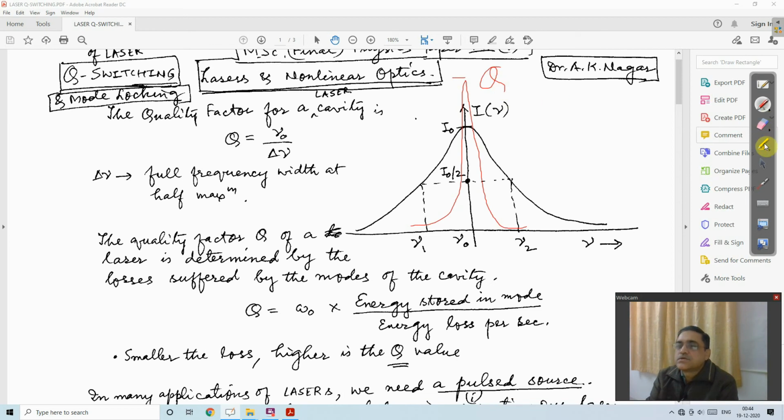The intensity must increase. So Q is defined this way, because I am defining intensity here. So intensity increases and this bandwidth decreases, because the loss becomes smaller.